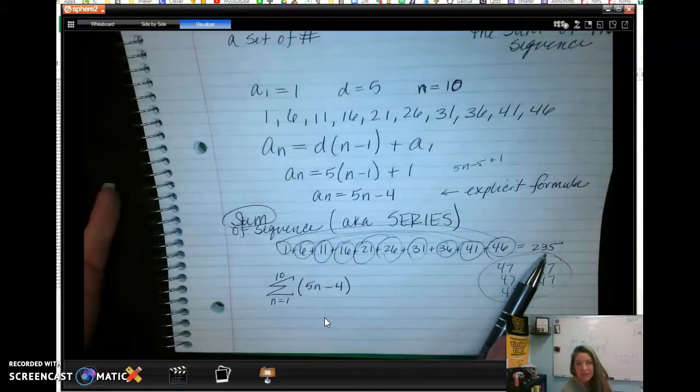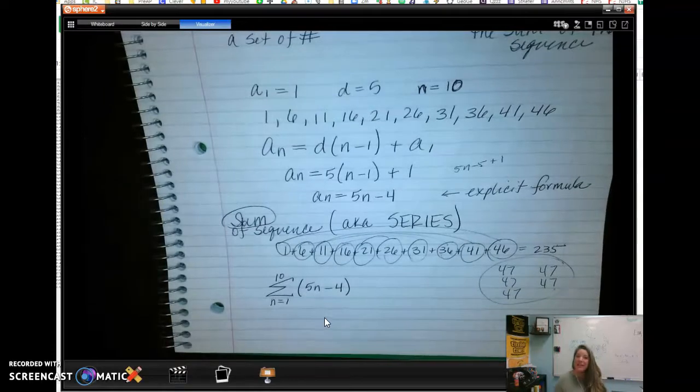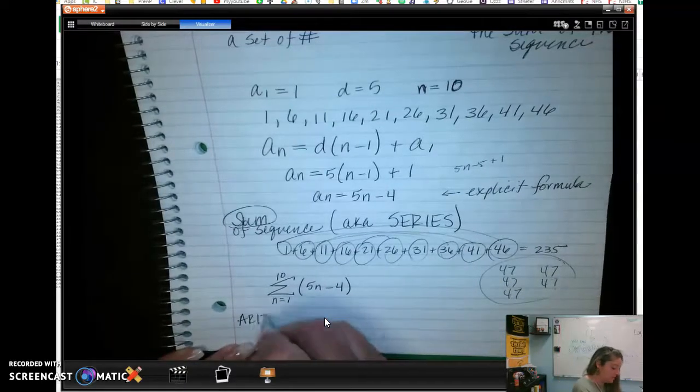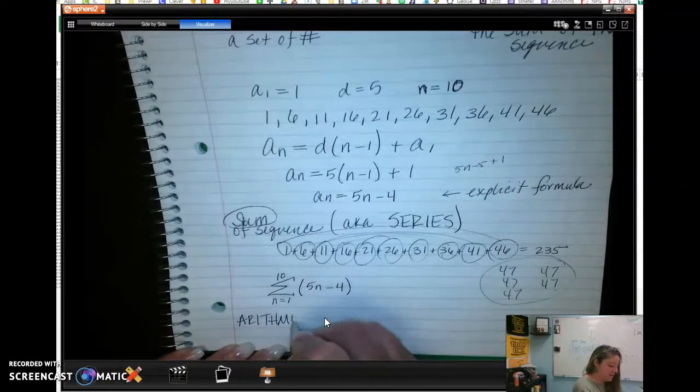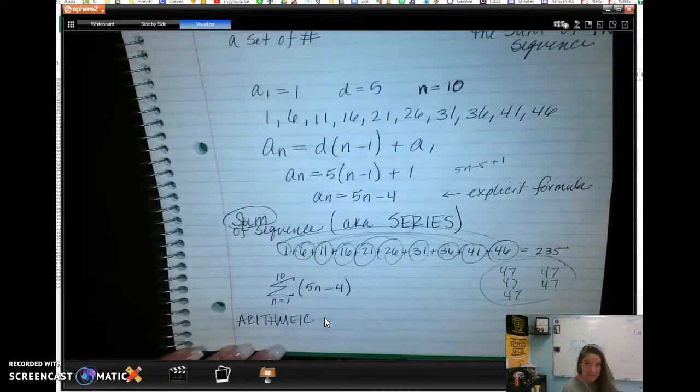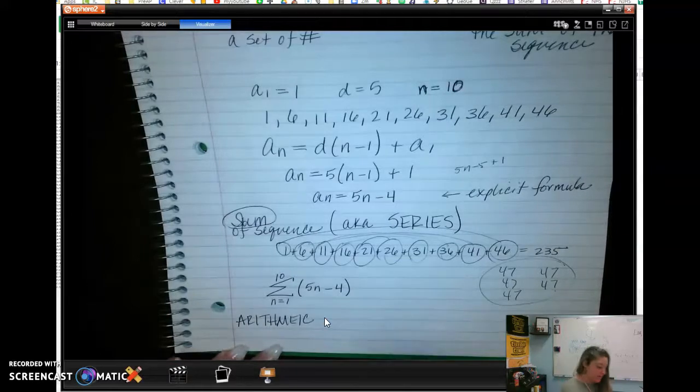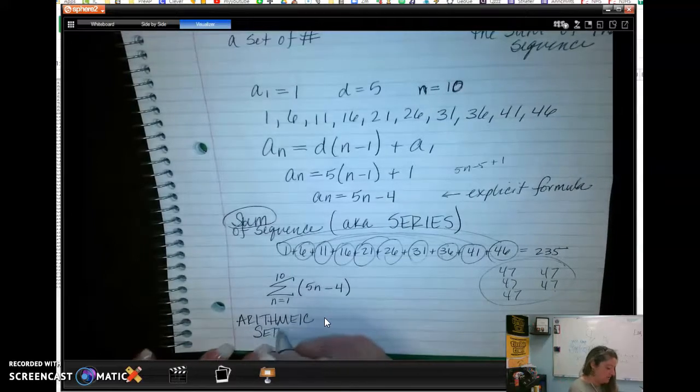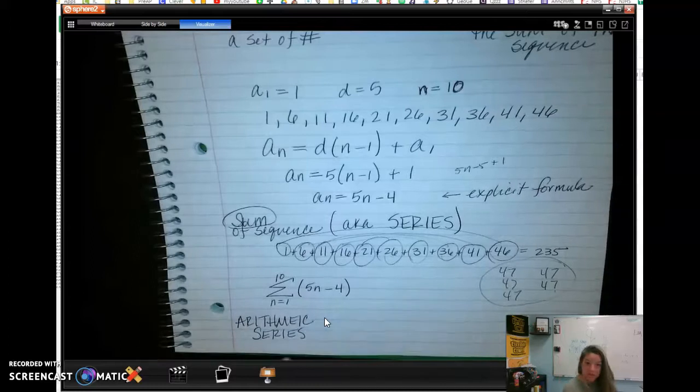How you decided to add it up was up to you. Today, there's a formula for it. Again, this only works if there is an arithmetic sequence. So this is the arithmetic series formula.